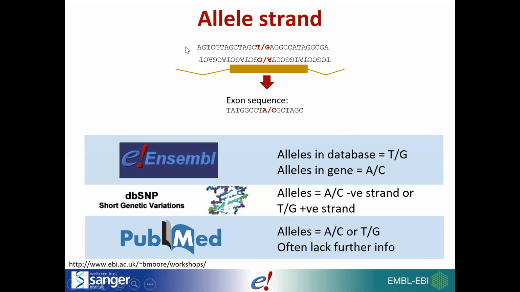Obviously, in cases where we have a coding SNP on the positive strand, the alleles in the database and the alleles in the gene would be the same, and there is less chance for confusion. But just to give you the warning: you really need to check the source of your data if you want to investigate a specific variant. You need to know which strand it refers to.